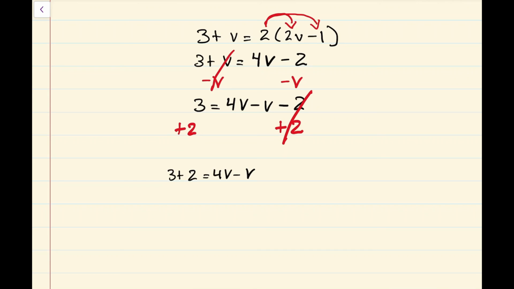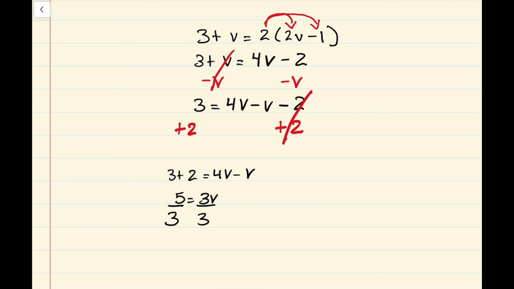And basically, let's just solve the equation. We'll have 3 plus 2, which is 5. And then 4v minus v will be 3v, because 4v minus this 1v will give us 3v. And so now we would just have to remove the 3 by dividing by 3 on both sides.